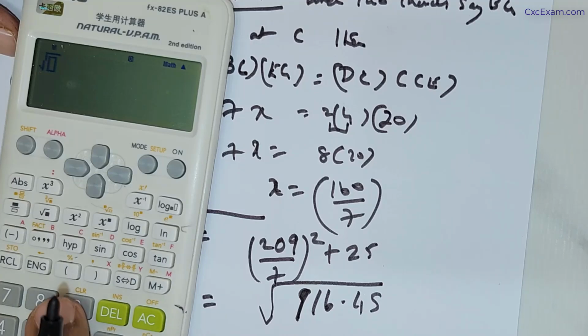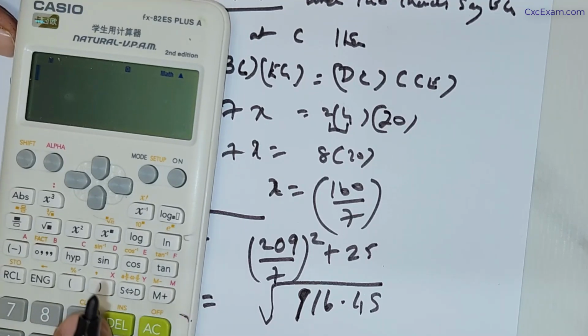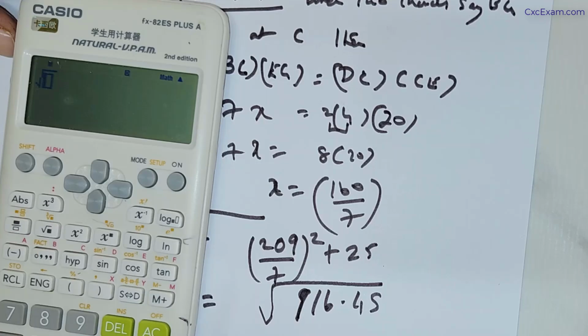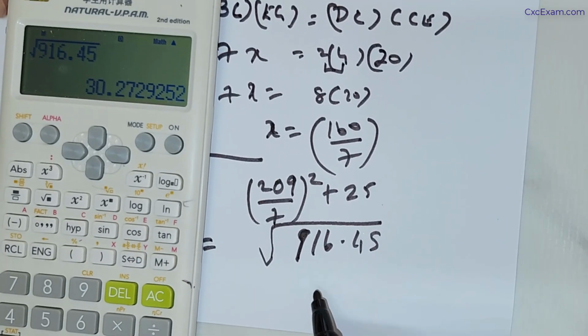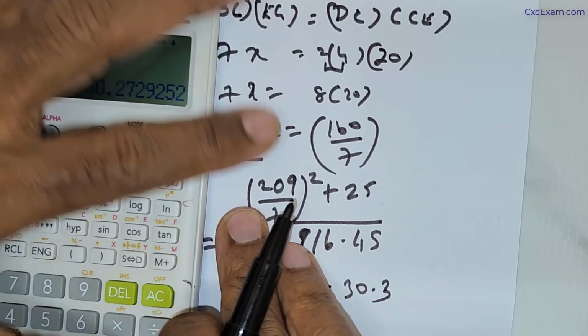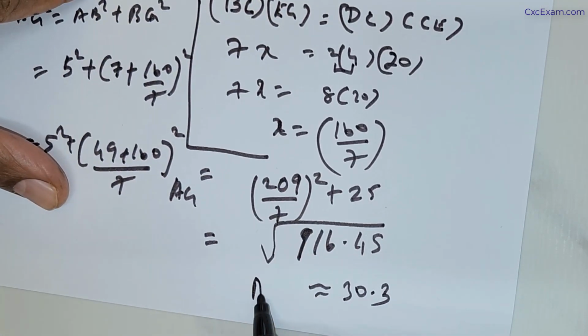So square root of 916.45. This is approximately 30.3. So what is this? This is the diameter. AG is the diameter.